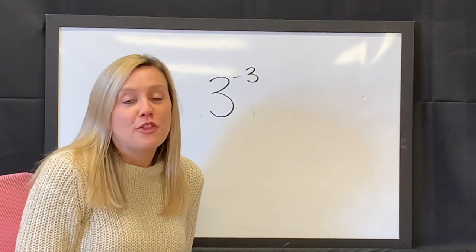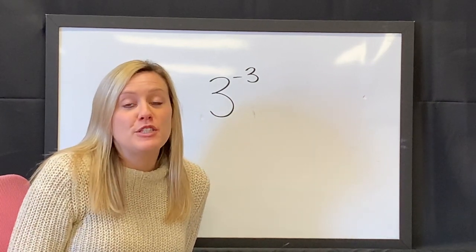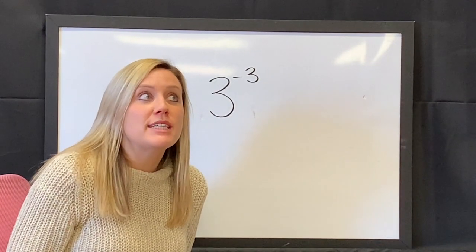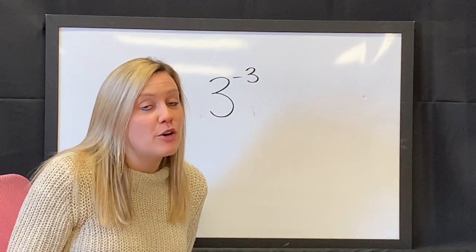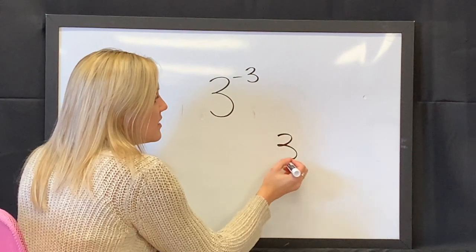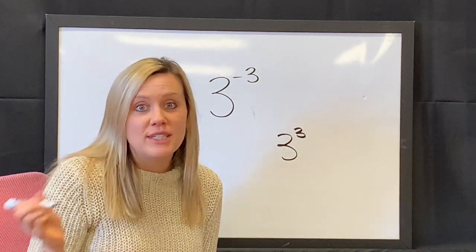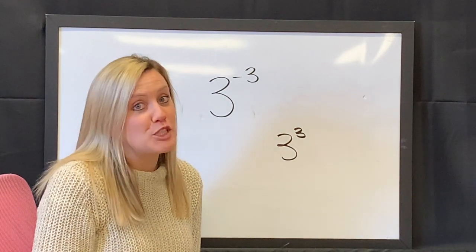Here we have 3 to the negative third power. So the first thing I want you to do is think about, well, what is 3 to the third power? 3 to the third power is 3 times 3 times 3, which is 27.